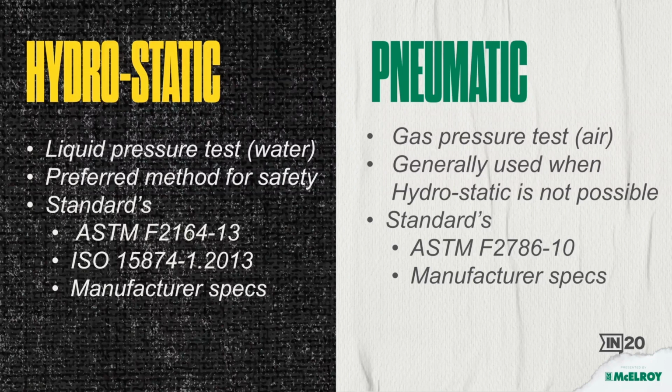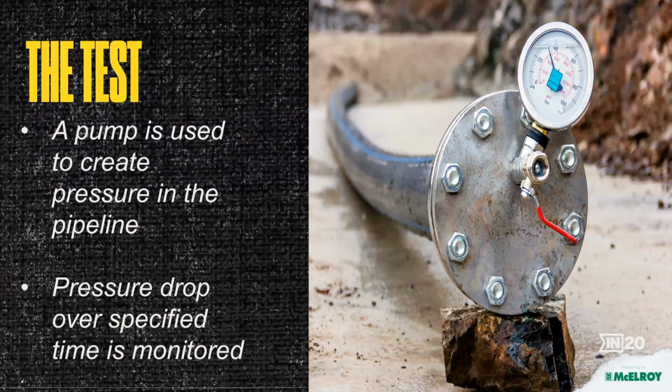So what about the test itself? How does that work? It's pretty simple. Essentially, we're using some type of pump or compressor to build pressure in the line up to a specified amount, and then holding that pressure for a specified amount of time while monitoring for leaks or pressure drops. And those pressure drops would indicate a leak.